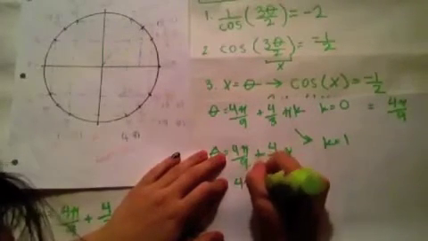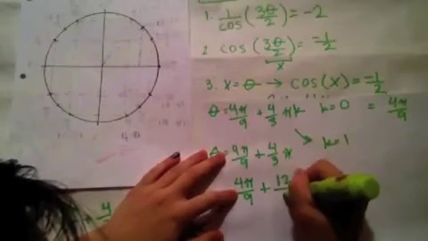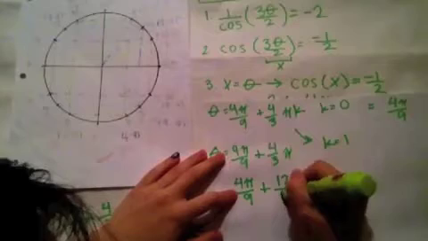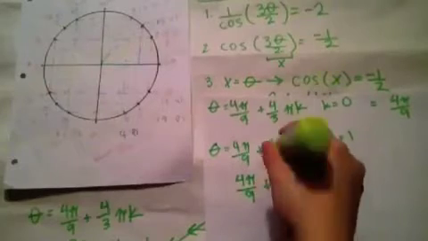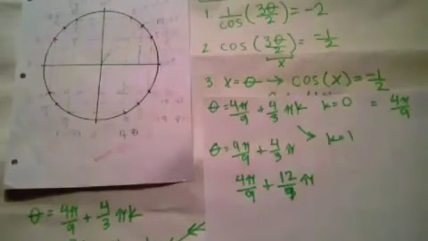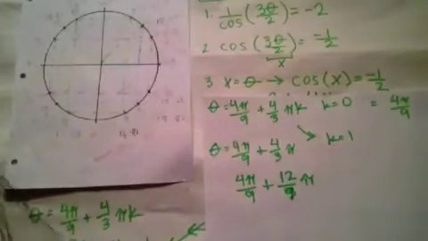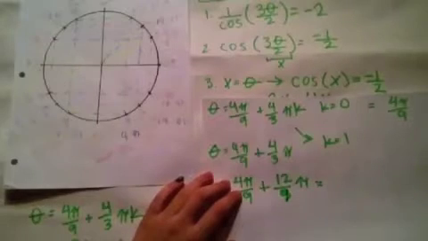So 4 pi over 9 plus 12 over 3 pi, 12 over 9 pi. Since we multiply this by 3 over 3 to get the 9. And this would equal, let me think.